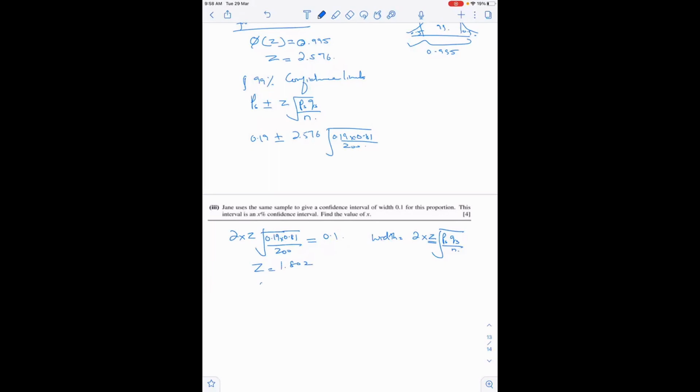1.802. Now look here, the width is 0.1. So if the Z value is 1.802, that means here the Z value will be negative 1.802. So if I find out phi of 1.802, let's find out the percentage from the table. Shall I use the table or the calculator? Use the table.